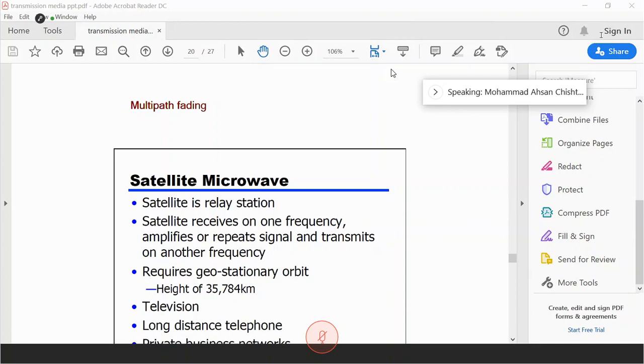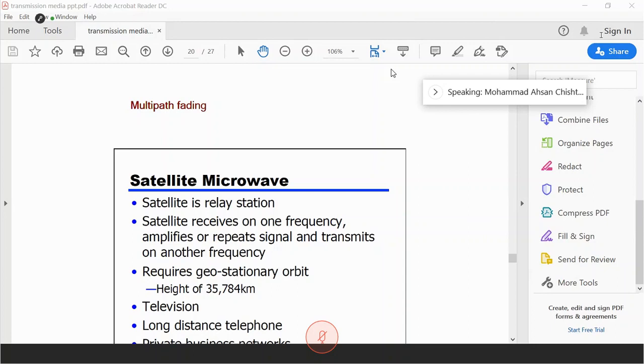Also, microwaves are dependent upon what frequency you are using. They are dependent on weather as well. See, your DTH, Dish TV, when it's raining, it says, sorry, the weather is not good, the digital transmission won't be possible.